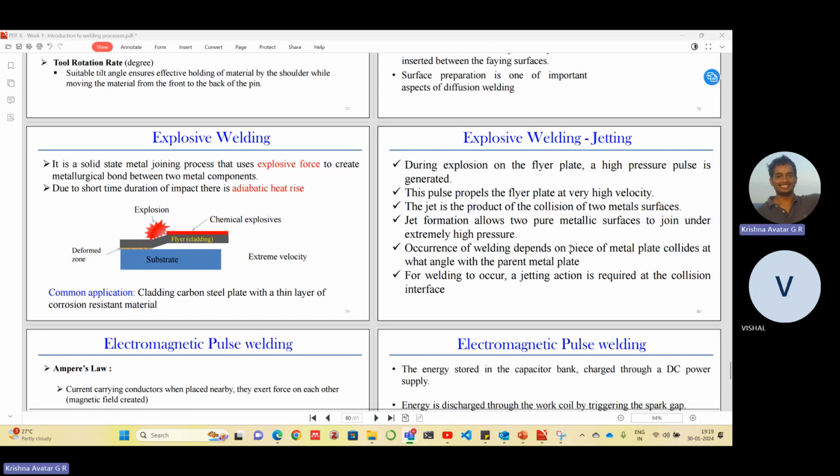The occurrence of welding also depends on the angle at which the flyer plate collides with the parent metal plate. So there is one metal plate and this is the other metal plate, and we create this explosion, making the surface amenable to melting, and then it just attaches to the substrate. That's what goes on here.